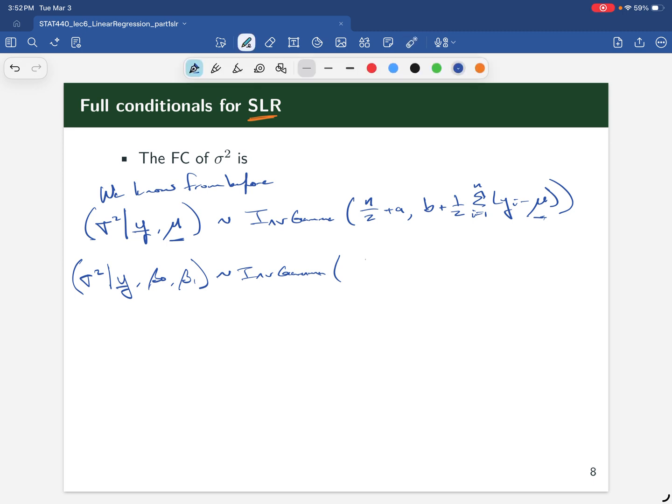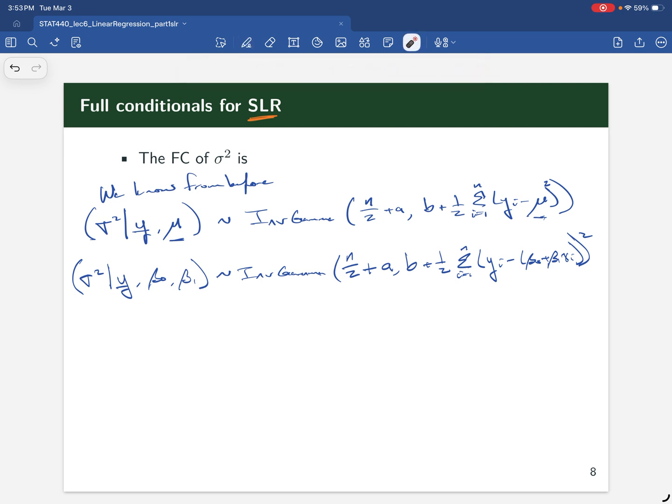So our inverse gamma is going to have the first parameter being n over 2 plus a. It's going to have the second parameter being b plus 1/2 the summation from i equals 1 to n of, oh, I'm missing a squared here, sorry. It's the sum of yi minus mu, squared. So down here it's going to be yi minus beta naught plus beta 1 xi, whole thing squared.